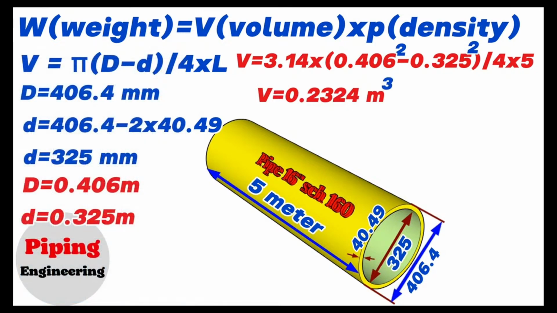We already knew iron steel density is 7,850 kg per cubic meter.